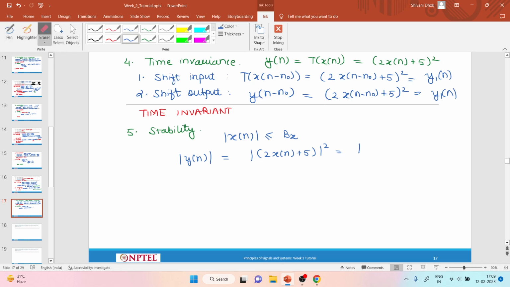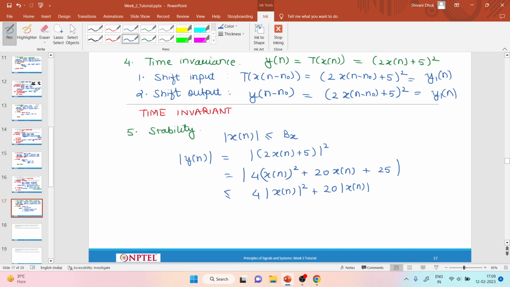No, let's not do that. Let's simply solve this as 4 x of n whole square plus 20 x of n plus 25, which is less than or equal to 4 times absolute value of x of n squared plus 20 times absolute value of x of n plus 25, and this is using the triangle inequality.